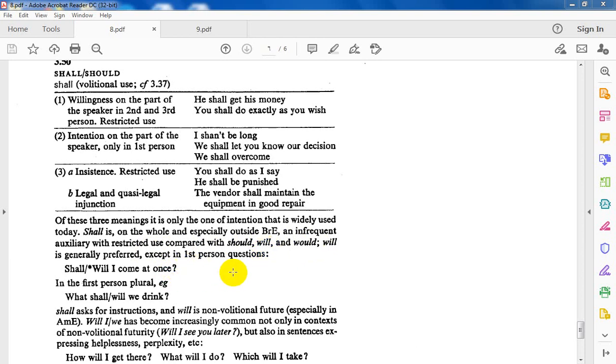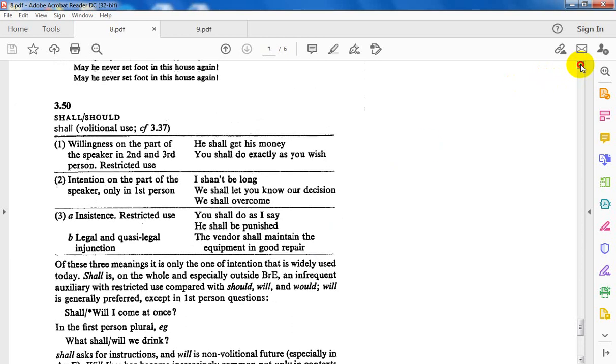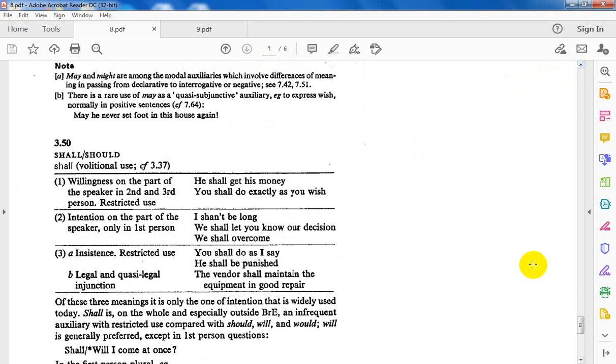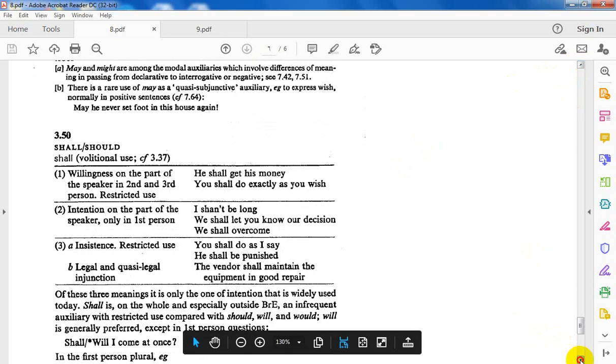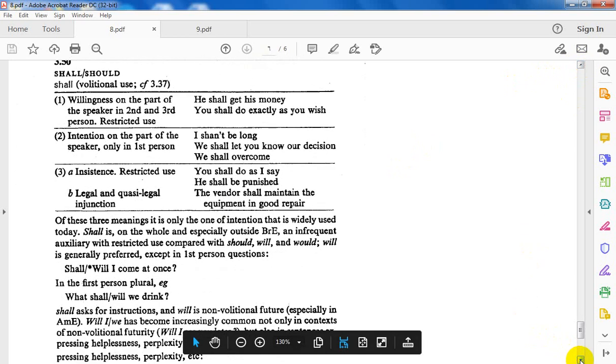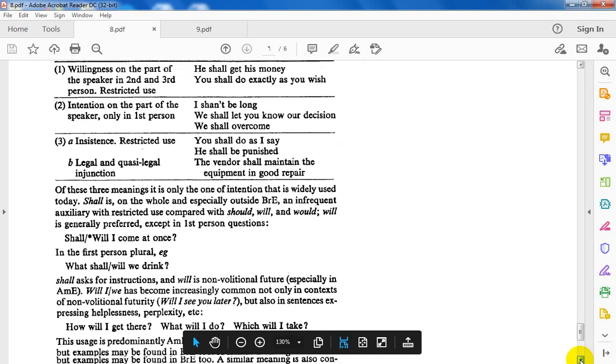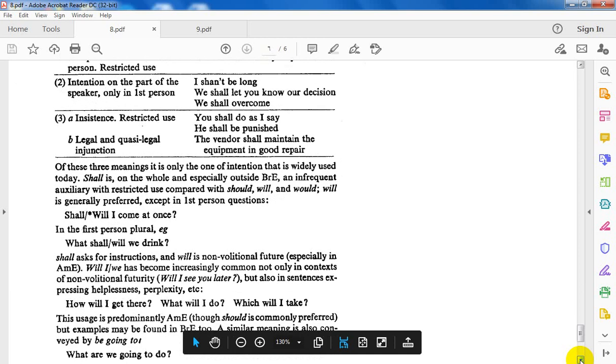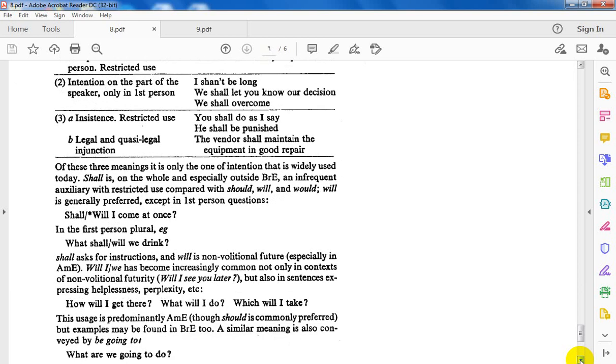Instead, it is preferred to use will instead of shall. So will is preferred, but it cannot be used in first person questions.